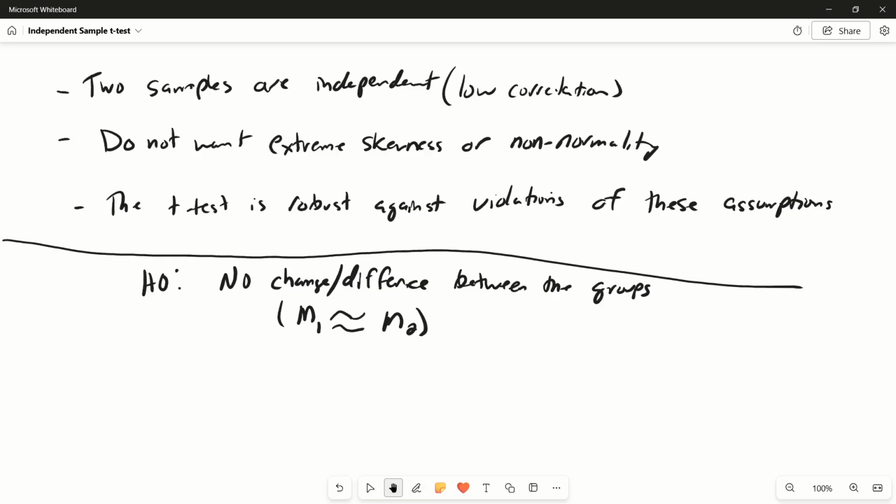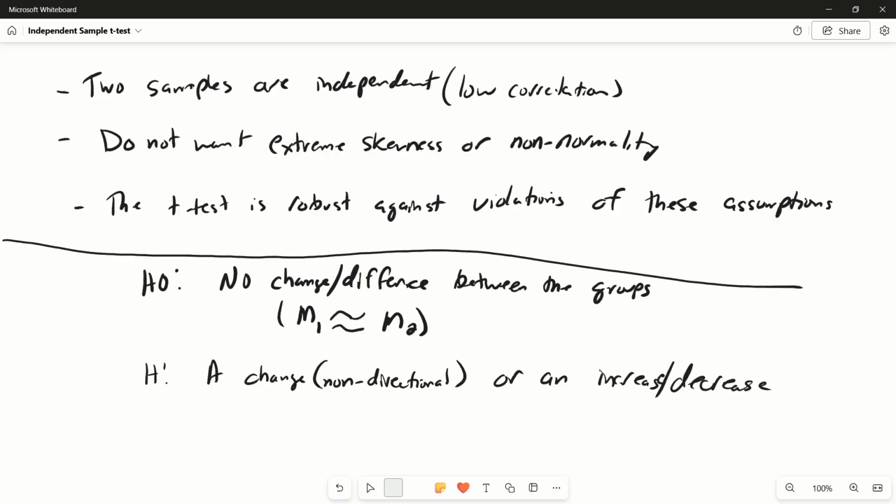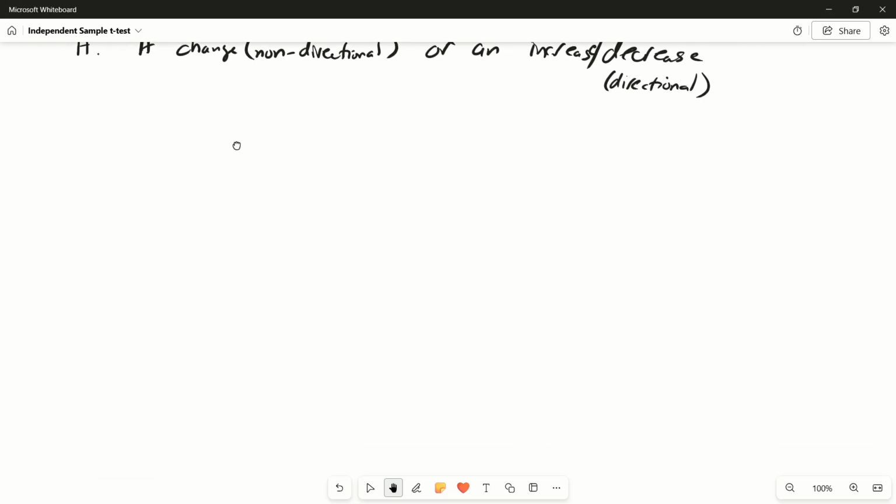Doesn't have to be exactly equal, but somewhat equal, right? And the alternative is going to be the change. Change would be non-directional, right? Or an increase or decrease, right, this would be directional. So you'd be able to identify whether it's non-directional or directional. So that's basically how it's set up.